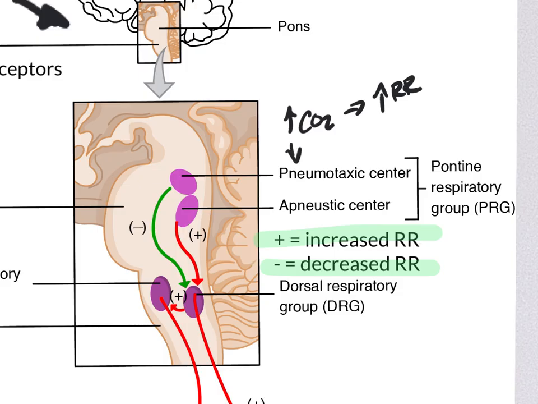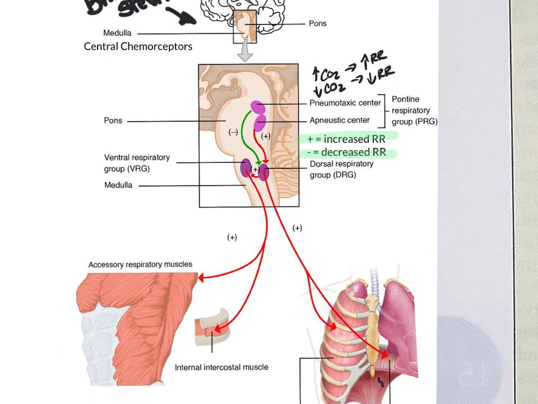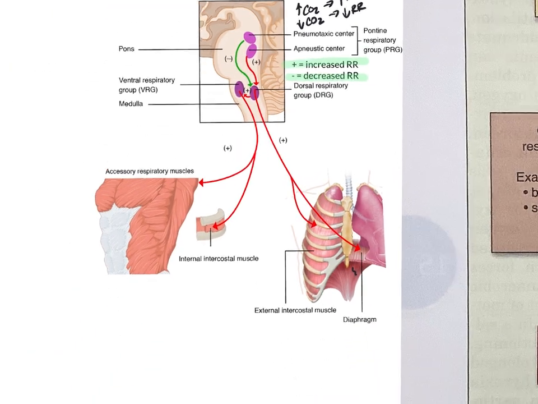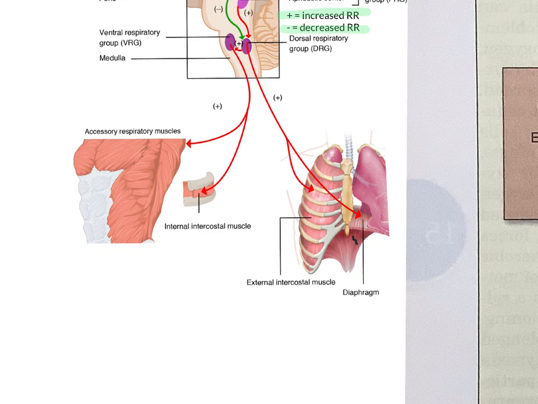If there's less CO2, we can decrease the respiratory rate, because maybe they are hyperventilating and that's too fast, so slow it down. And so that's that primary regulation, through nerves that send signals to both the diaphragm and the intercostal muscles to control that respiratory process.